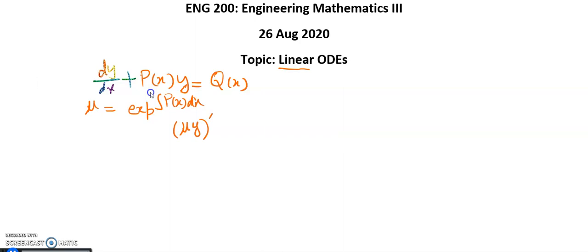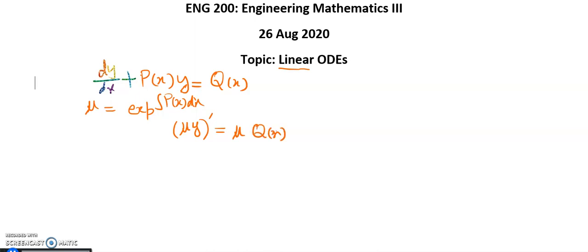So when you multiply the original equation, the left hand side becomes mu times y prime, and the right hand side becomes mu times q of x.